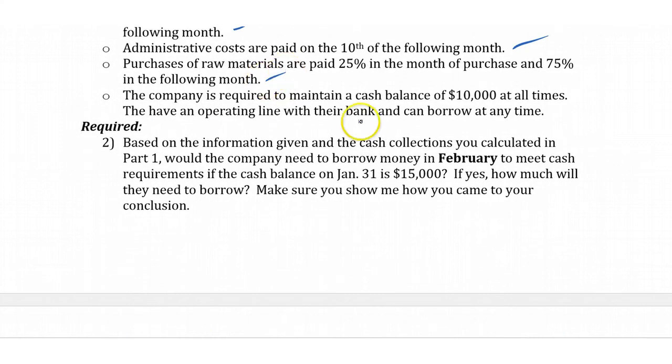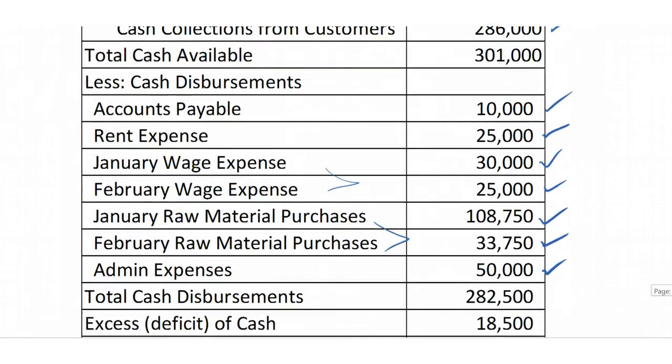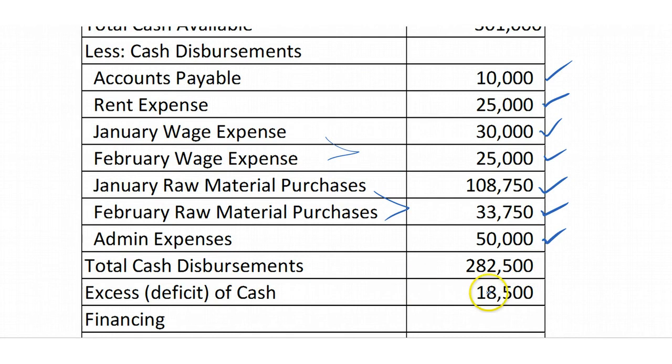Okay. The company is required to maintain a $10,000 cash balance at all times. They have an operating line at the bank, so it means if their excess of cash is less than $10,000, then they can borrow and finance. In this case, I added up all of the disbursements. I get $282.